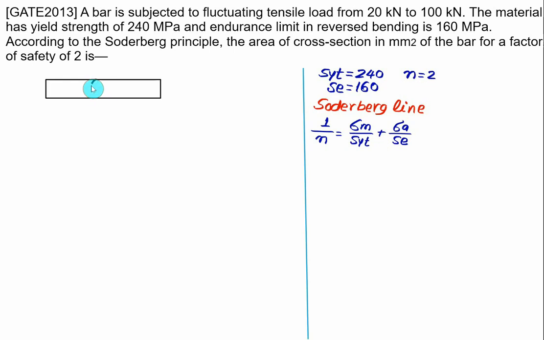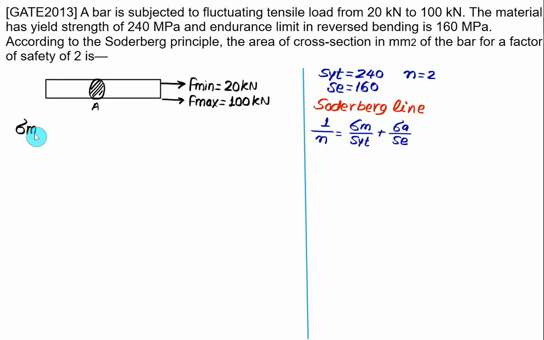Let's say that this bar has a cross section area equal to A. We don't know what type of cross section it is, and it is subjected initially to a tensile load of minimum force. Out of 20 and 100, 20 is the minimum and is a positive value. The second time we apply the maximum force F max equal to 100 kilonewton. We can calculate the minimum stress and maximum stress.